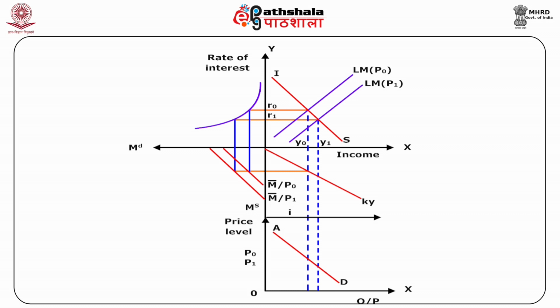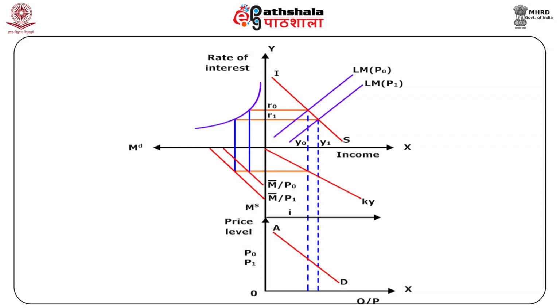Accordingly, the LM function has expanded, so in this new situation the LM is LM(P1), with the lower price level, and we have a new rate of interest R1 and a new level of income Y1.